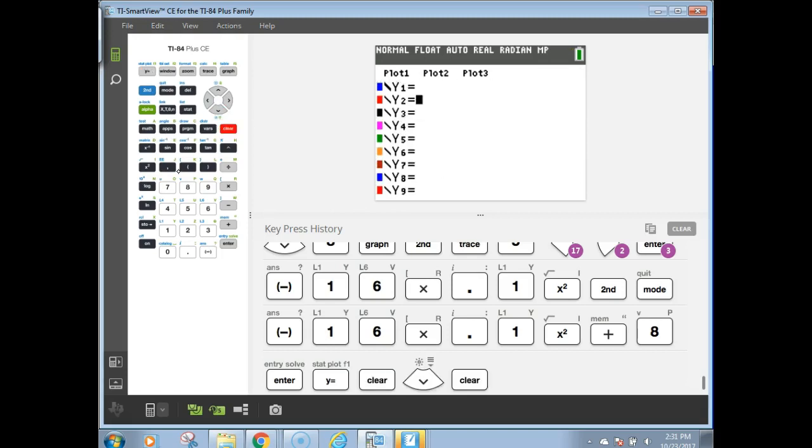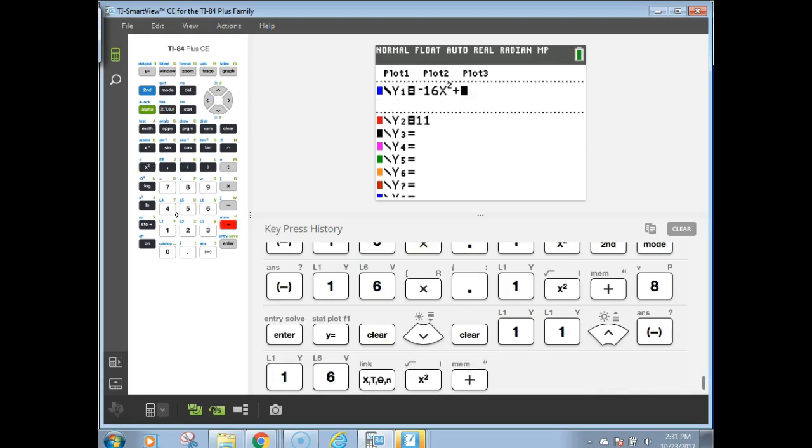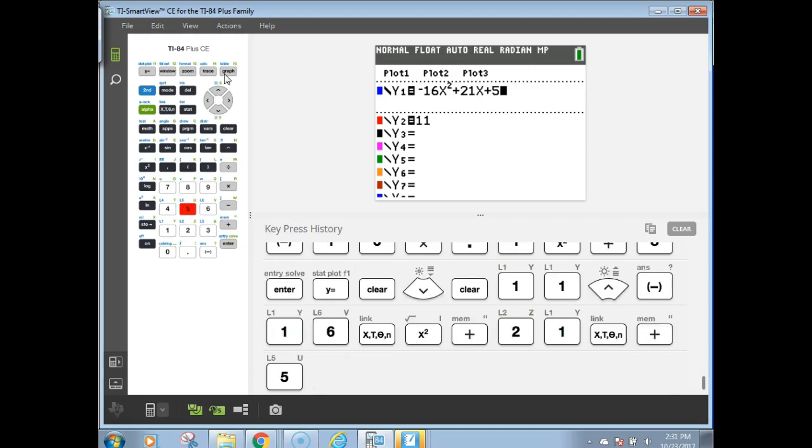All right, clearing this stuff out. I forgot my initial velocity. Was it 21? And it was at 5 feet when he threw that ball, and the other guy got it to slam dunk it.